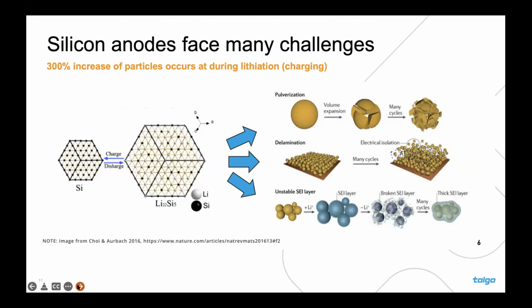Or the individual silicon particles, as part of a normal battery process, generate this solid electrolyte interface, which is important for operation of the battery. But as the expansion happens, this SEI layer gets broken, it releases more fresh surface, and every time you generate more SEI, you are locking some of your lithium into that process. So this is what naturally happens to silicon.